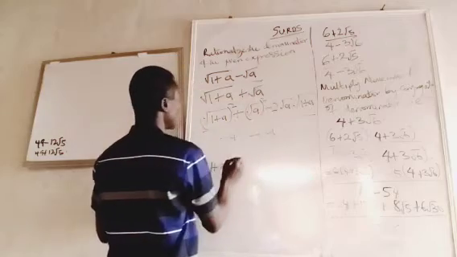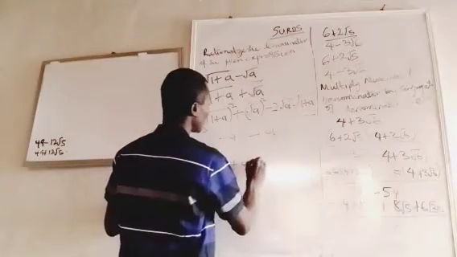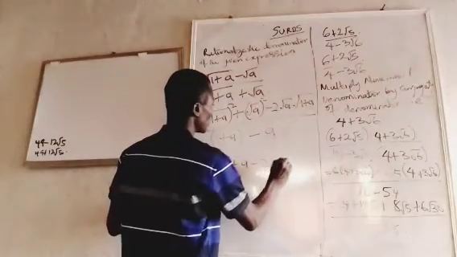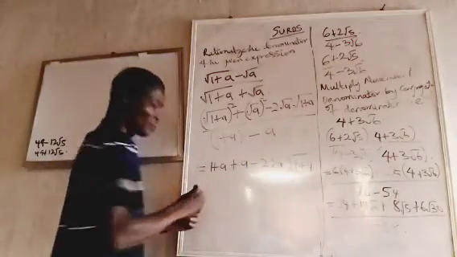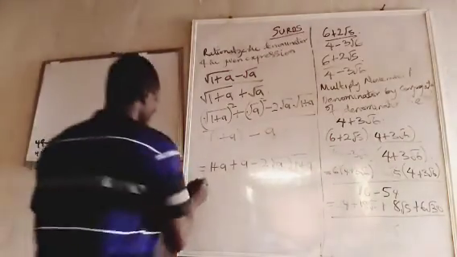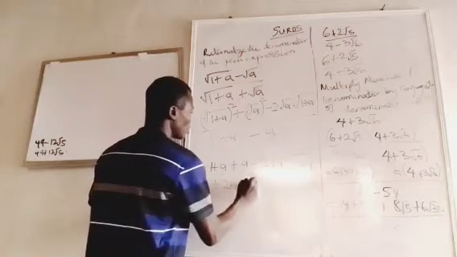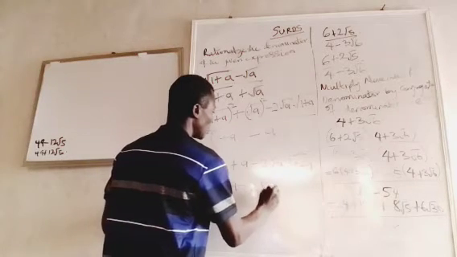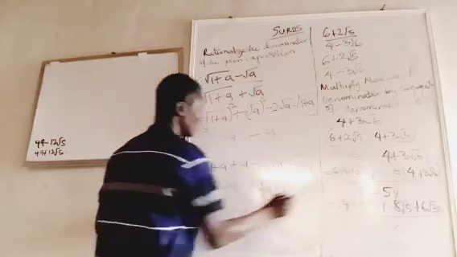Sorry, square of this is a, minus 2 root a root 1 plus a, giving 1 plus 2a minus 2 root a root 1 plus a. Simple.